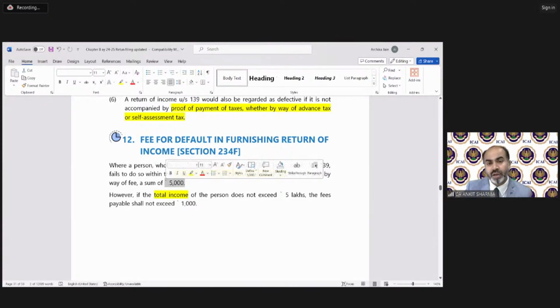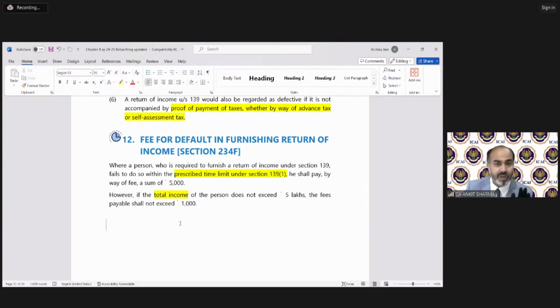However, if the total income of the person does not exceed 5 lakh, the fee payable shall not exceed 1,000. So if the total income is up to 5 lakh, the penalty is 1,000. If the total income exceeds 5 lakh, the penalty will be 5,000 rupees.